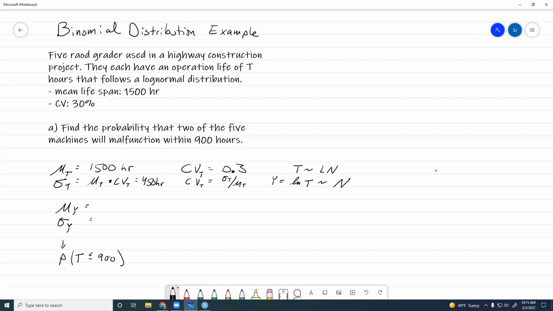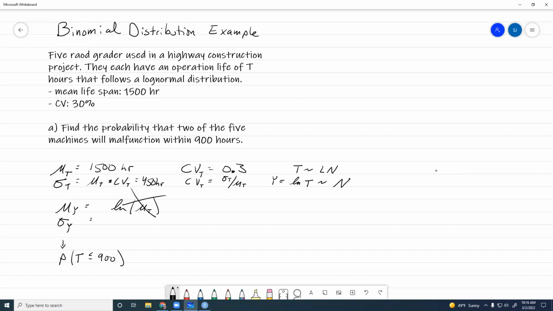How do we get mu of Y and sigma of Y? Haley, do you remember? Can we just go ln of mu T? Can we do that? We can't do that. We can take the logs if we had the whole sample of data of T's. We could take the logs of those and then take the mean, but we don't have that.